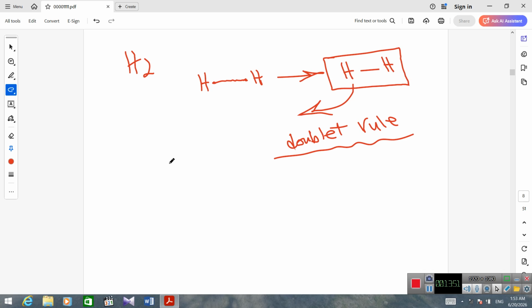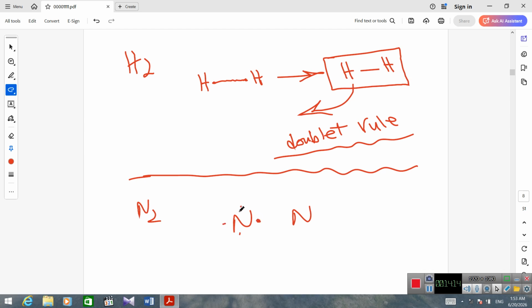But for another example, we can refer to N2, nitrogen gas. We have 2 nitrogens, each from group 15 or 5A: 1, 2, 3, 4, 5. There is no difference.